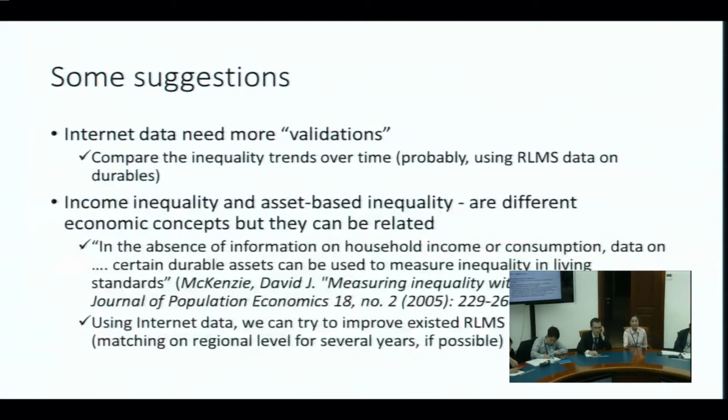For example, McKinsey noted that in the absence of information, data on certain durable assets can be used as a good proxy for living standards. So I think the presentation has some good potential, but it should be improved in these ways. Thank you so much. Can I answer?